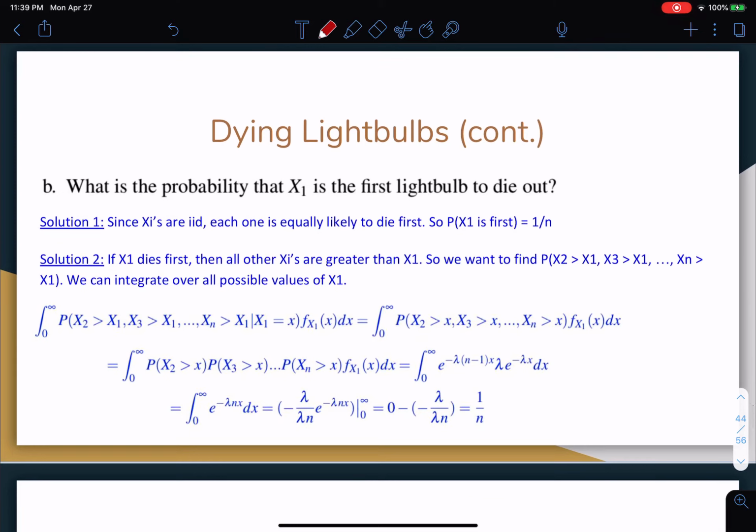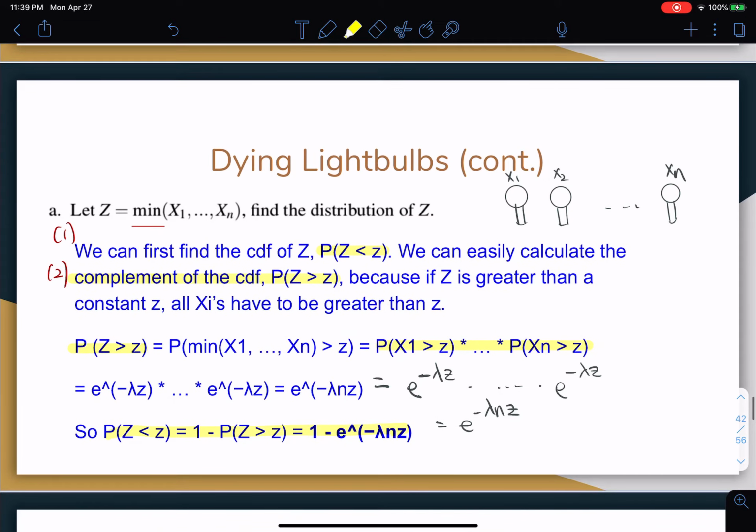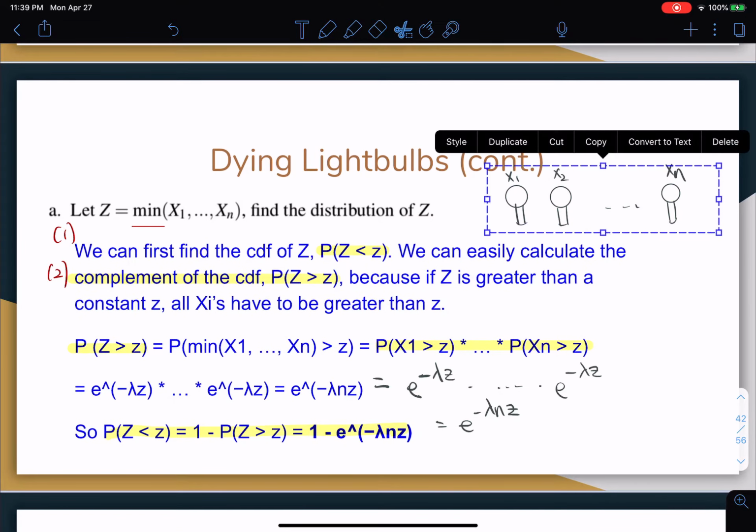Okay. Part B. What is the probability x1 is the first light bulb to die out? I'm going to go with solution 1. You can use solution 2, but solution 2 is a little more messy, so let's go with solution 1. Every xi is IID, so each one of them is equally likely to die out quickly.